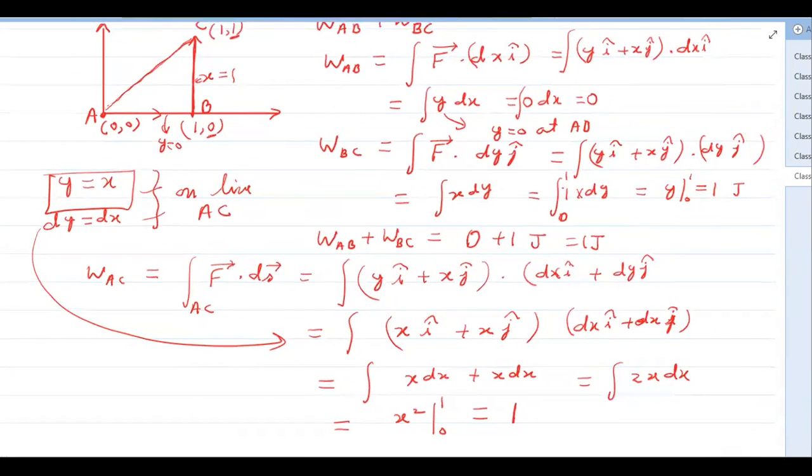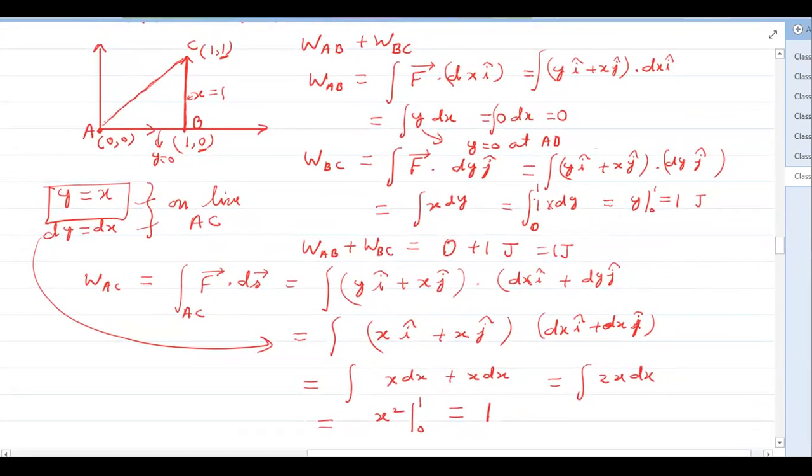So in this way we have to calculate. But if you are getting the same, it does not mean that it is conservative. You have to check some other path also. If you get non-equal work even for one path, it means the force is non-conservative. So for these two paths we got equal work, but it does not mean that this is conservative.